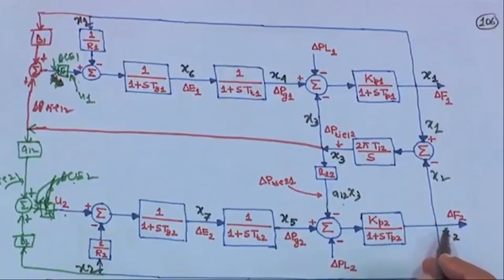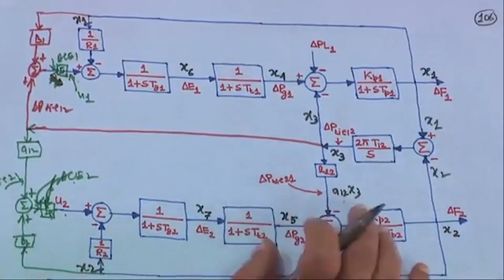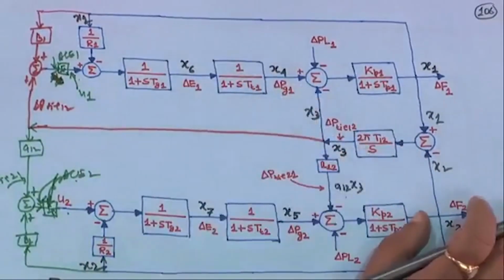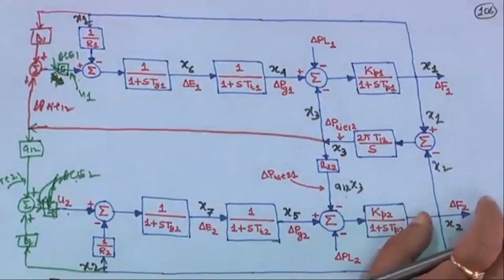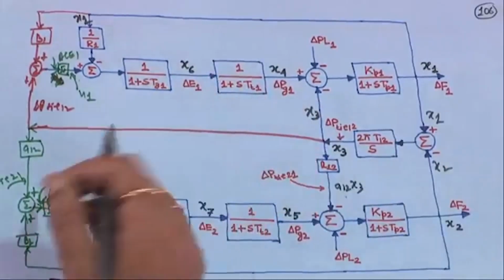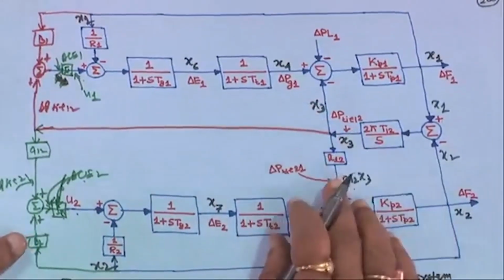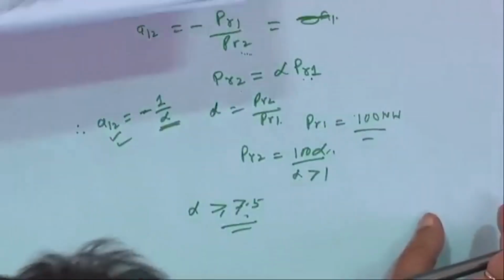That means the operating frequency for this side compared to this one will remain constant, and the whole system can be considered as area 1 connected with an infinite bus. If you do so, it will be something like this.